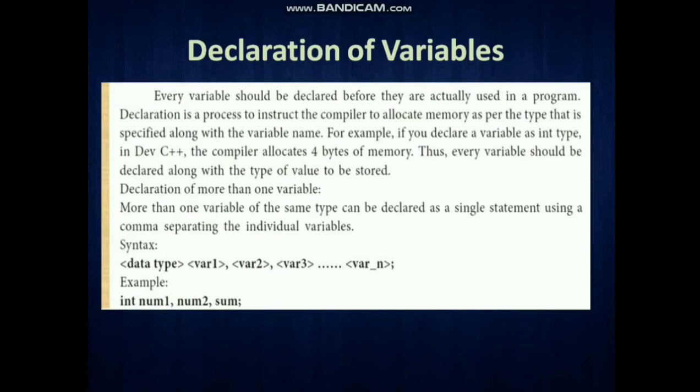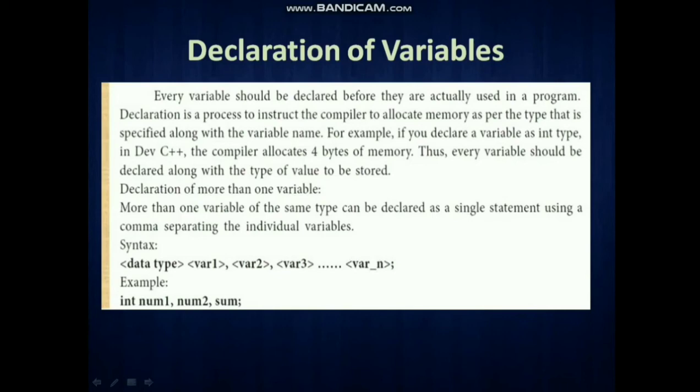Otherwise we can declare different data types also. Integer data type for variable 1, float data type for variable 2, like that. As many as you need, you declare the variables, and whatever data type you need, you declare that data type also.